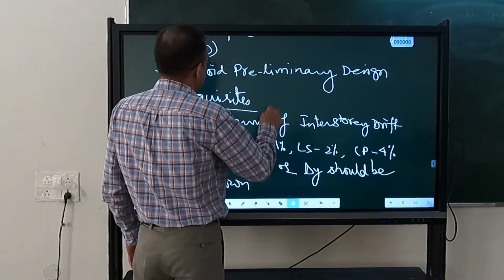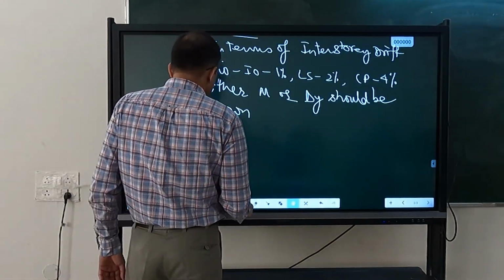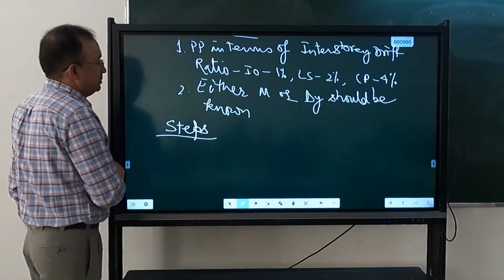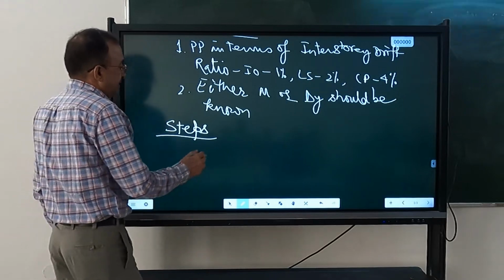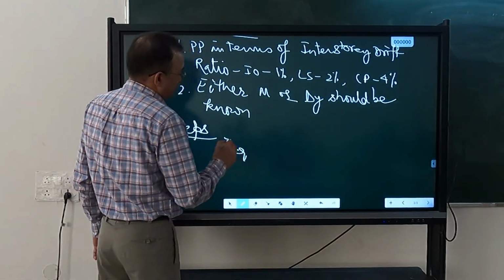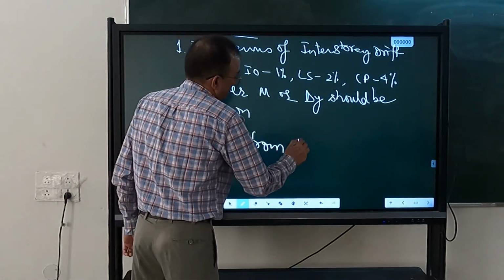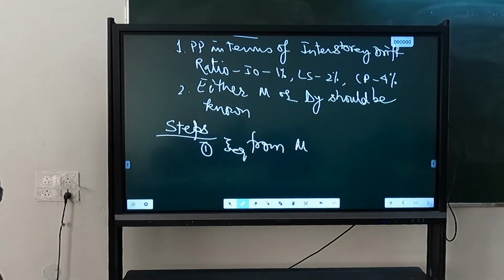What will you do? Once these two things are known, then the steps will be that first you will calculate xi equivalent from mu. If mu is not given, delta y is given, then you will calculate mu as delta target divided by delta y. If mu is given directly, you can use that mu to calculate xi equivalent.